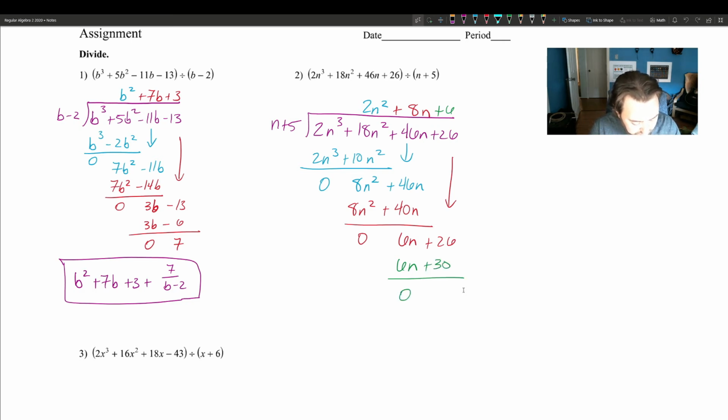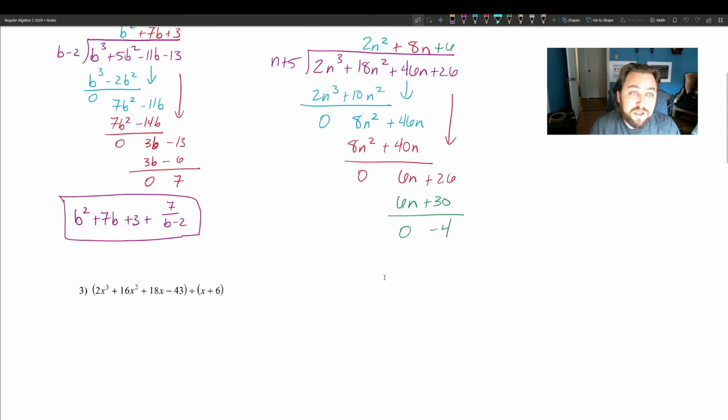So those cancel. 26 minus 30 will be negative 4. And we're going to do just the same as last time when we write out our solution here. 2n squared plus 8n plus 6, and then minus 4 over n plus 5.